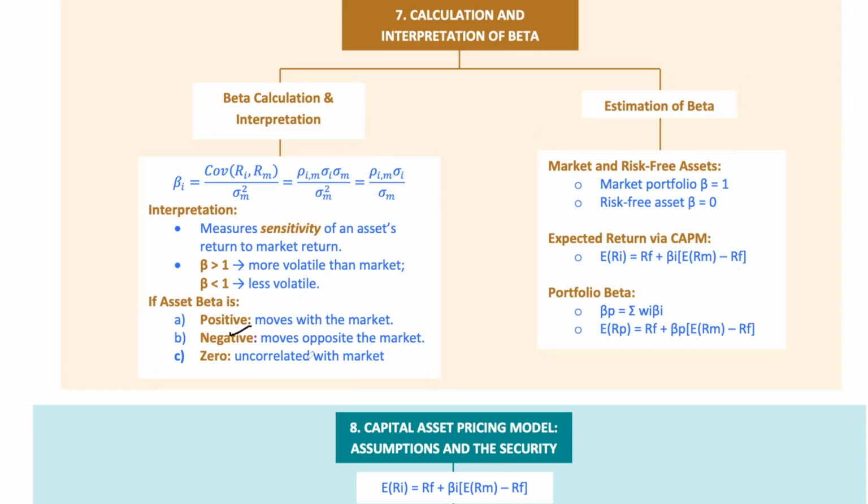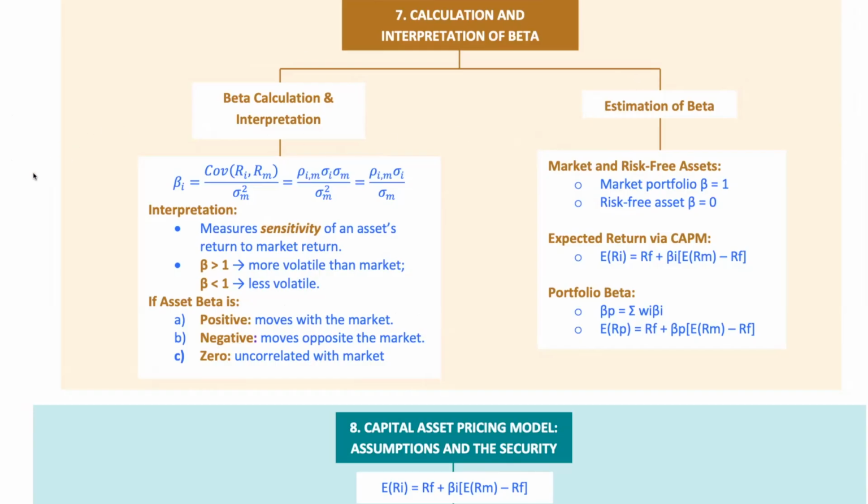And if beta is negative, that's rare. But it means the asset moves opposite the market. A classic example, insurance. When the market tanks, your insurance claim pays out. So even though it might earn less on average, it protects your portfolio when everything else is down. That's a negative beta payoff. Now, exam-wise, remember this.